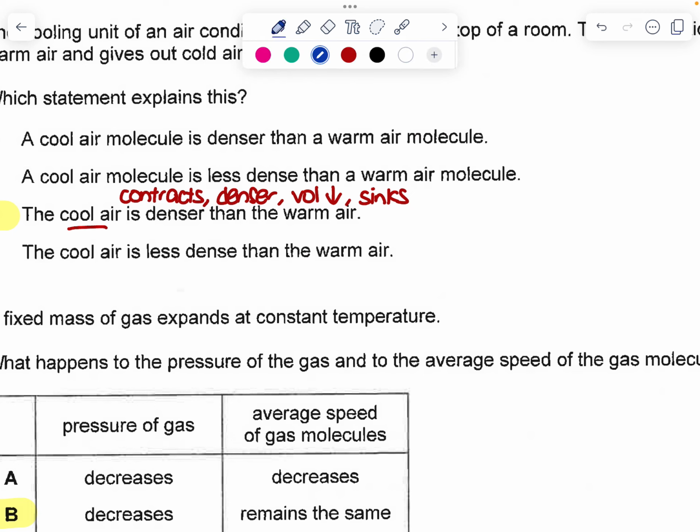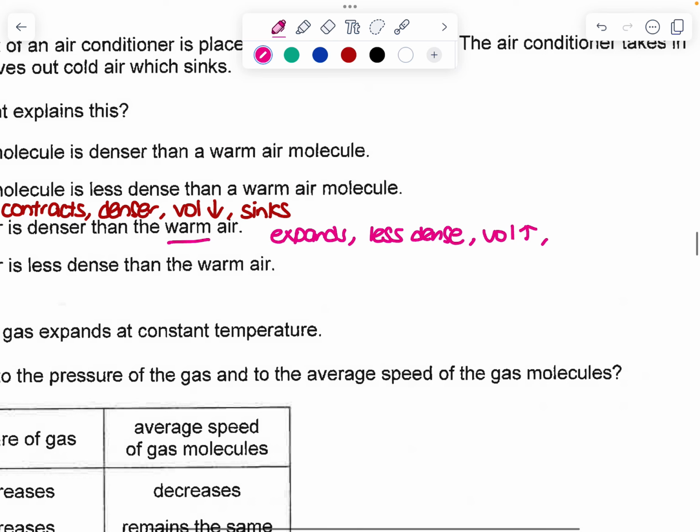For the opposite, hot air expands, becomes less dense because its volume increases, hence it rises.